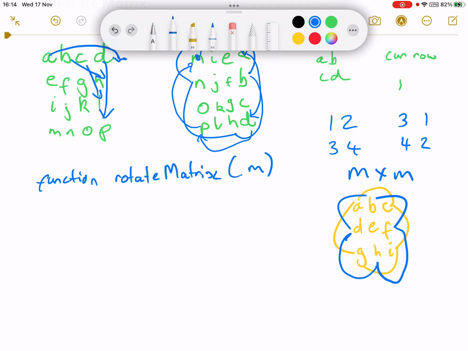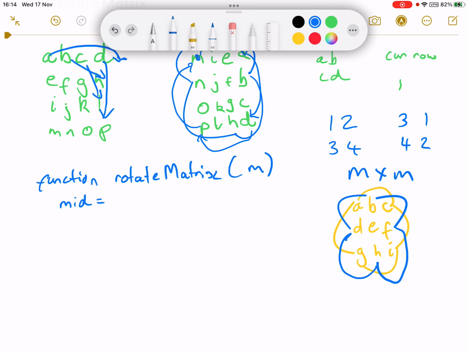So how would I do this? Okay, mid is equal to the middle element, so that'll be 0 and 2, so the middle one will be 1.